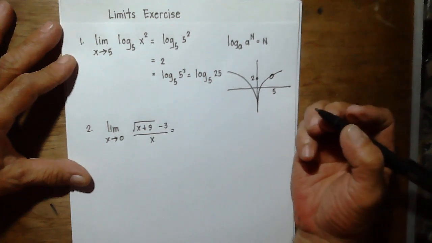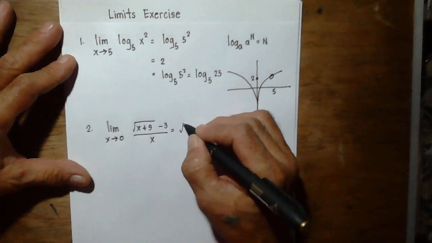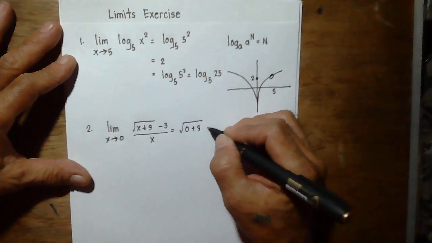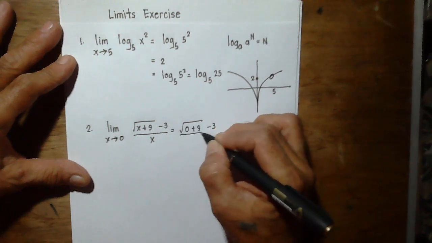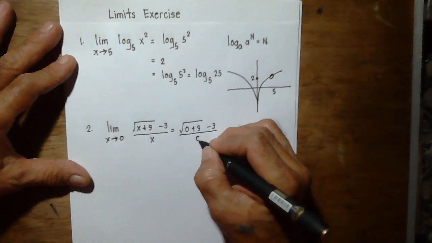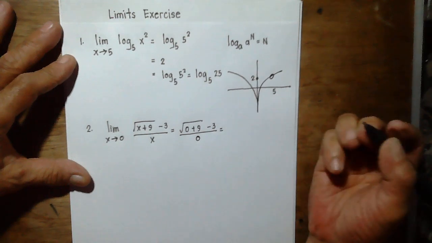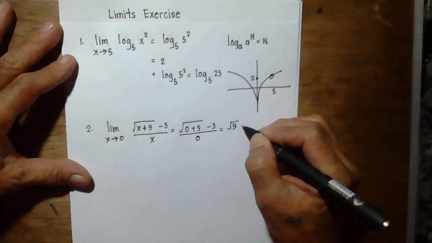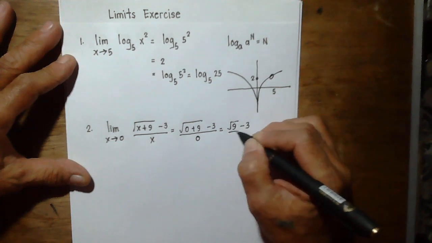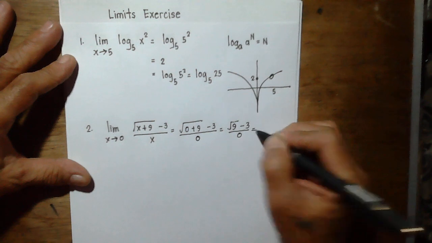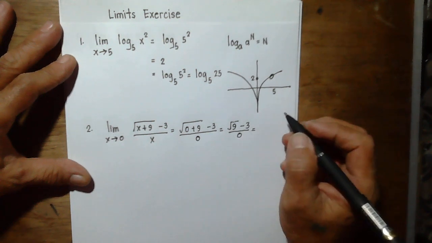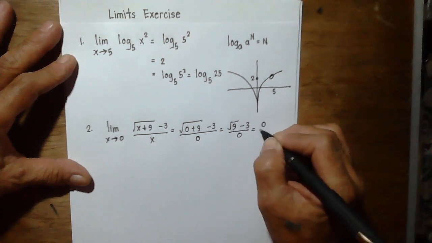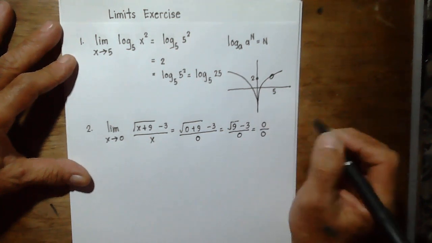By direct substitution, we get square root of 0 plus 9 minus 3 over 0. Simplifying, we have square root of 9 minus 3 over 0. Now, square root of 9 is equal to 3, right? And 3 minus 3 gives us 0.